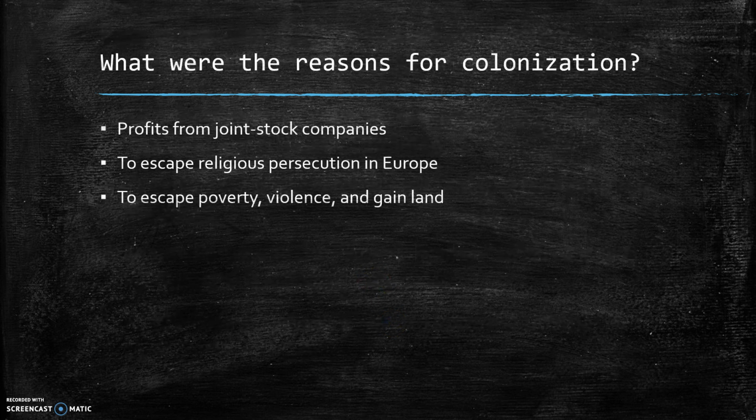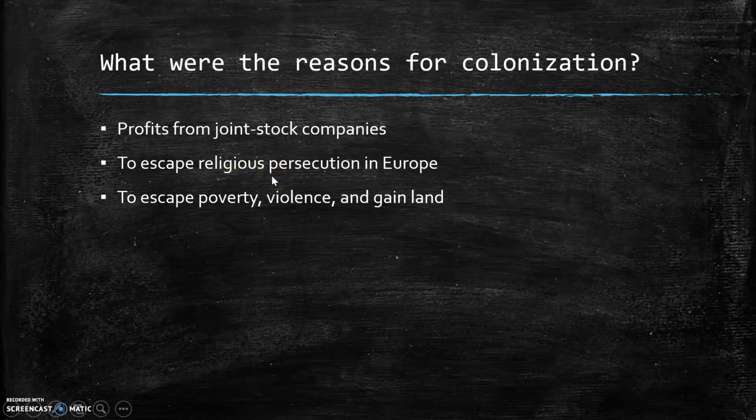So what were the reasons for colonization? Different countries colonized America, but the reasons were different. Some of the common reasons were that they wanted to establish profits, and they did so through joint stock companies. Also, they came to America to escape religious persecution.